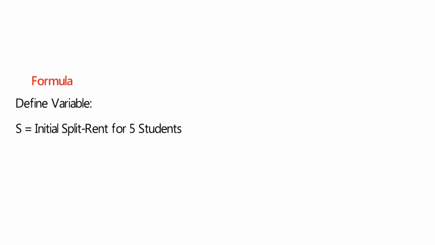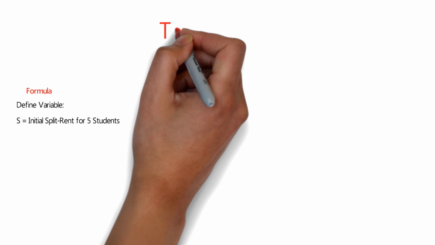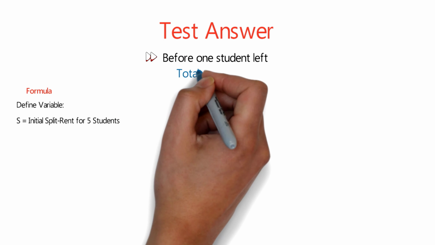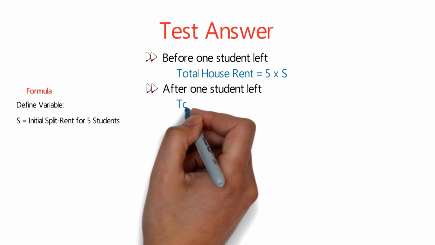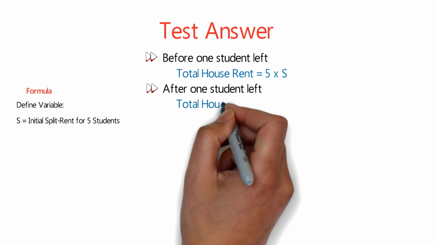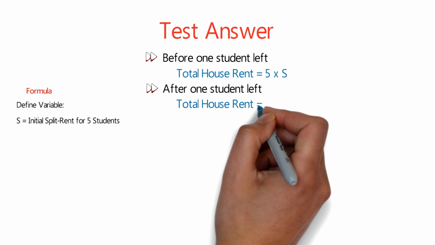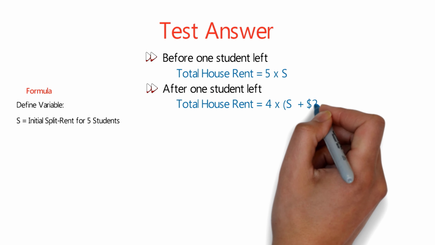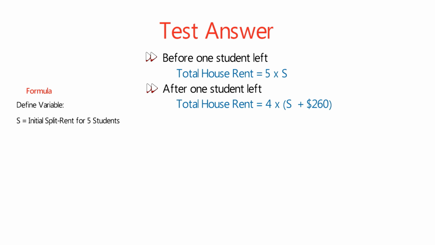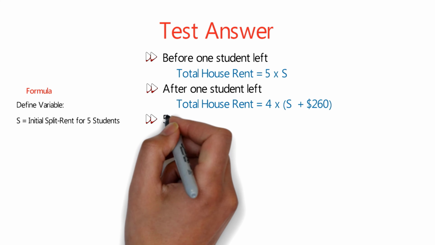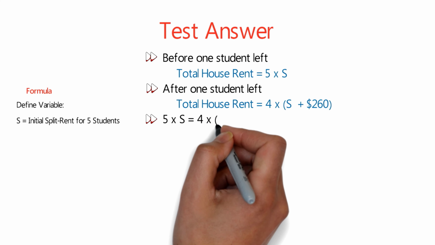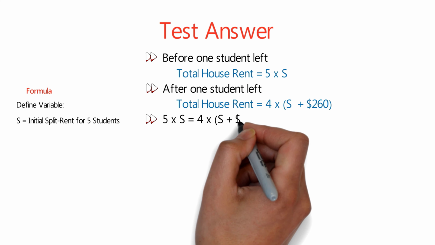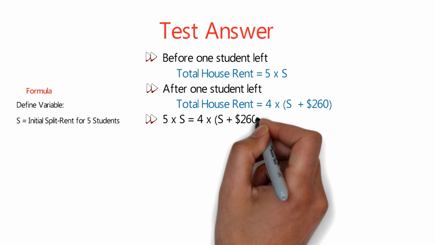So, using this formula, we can calculate the total house rent as 5 multiplied by S, which means that after 1 student left, the total house rent could also be calculated as 4 multiplied by the value in parentheses S plus $260. Using both approaches, we can create an expression. 5 multiplied by S equals 4 multiplied by the value in parentheses S plus $260.